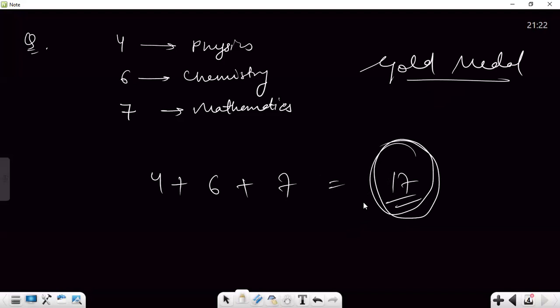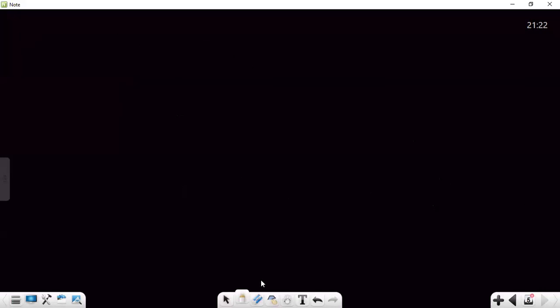Now, permutation. Basically, first we'll discuss the bookish language, the bookish definition, which is important for sure. Permutations. When you search for the meaning of permutation, it's just the arrangement of things, right?